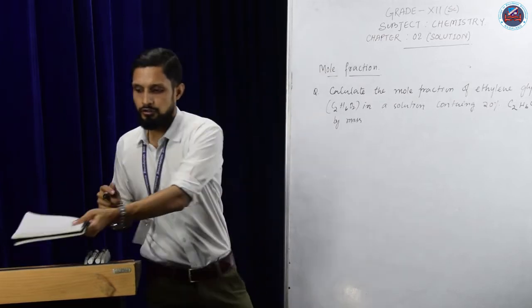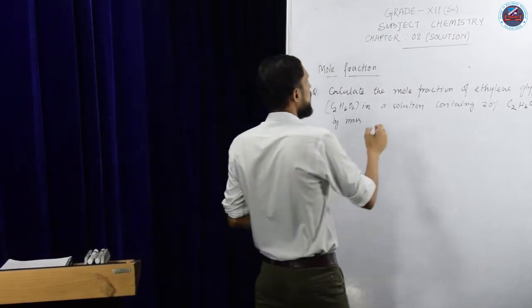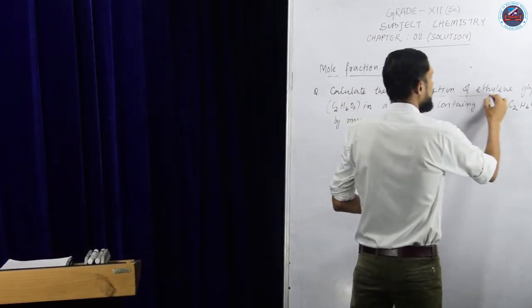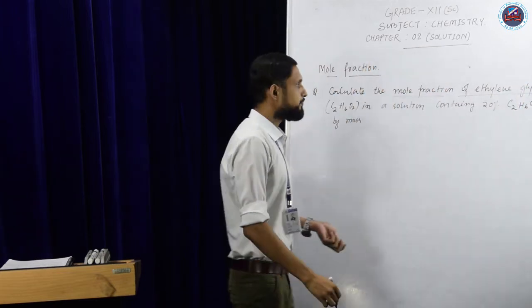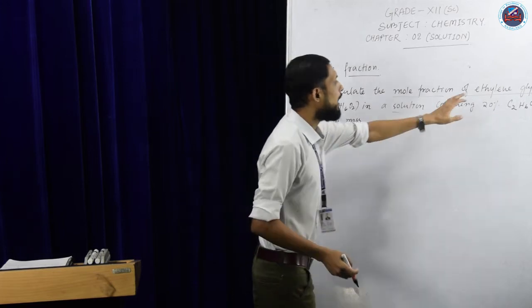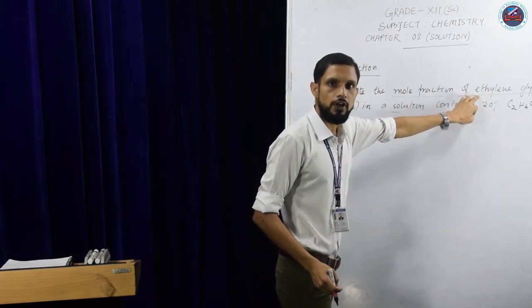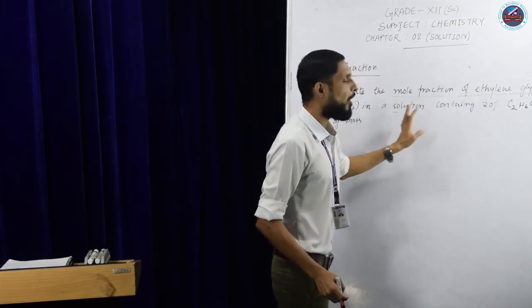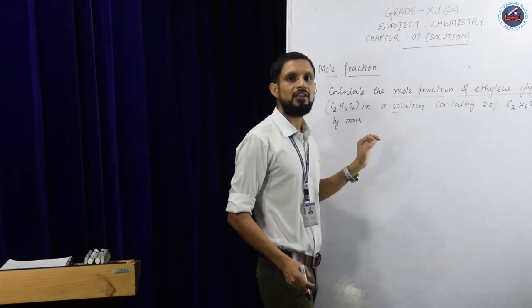So according to this question, you have to calculate the mole fraction of ethylene glycol. Now, it's a solution. So ethylene glycol is the solute. Now there is nothing mentioned about the solvent, so the solvent is water.